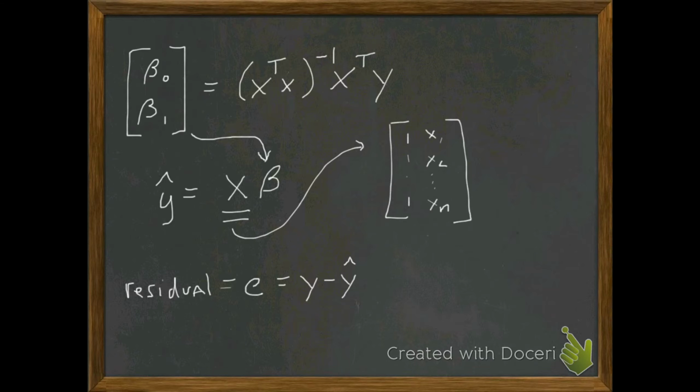But guys, it's easy to see that this is just going to be the response vector minus the fitted value, the product of our design matrix and a beta vector. All right, gang.